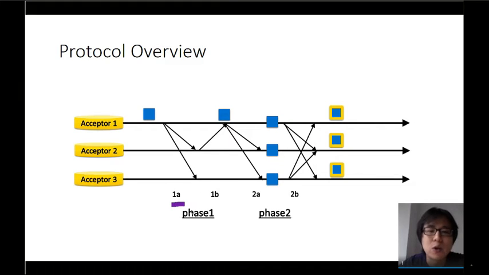Upon receiving a quorum of 1B replies, it will send the phase 2A message to everybody. And everybody will broadcast its phase 2B message to everyone, and then the value gets chosen. This is how it usually works.